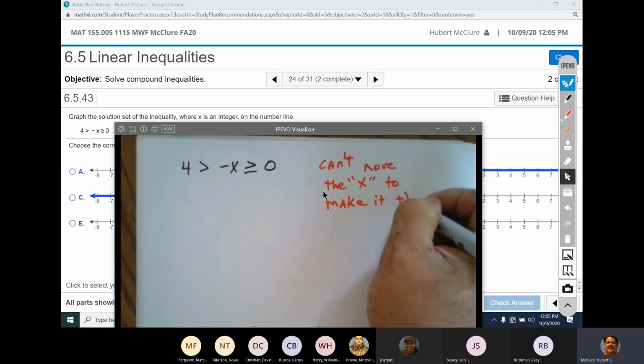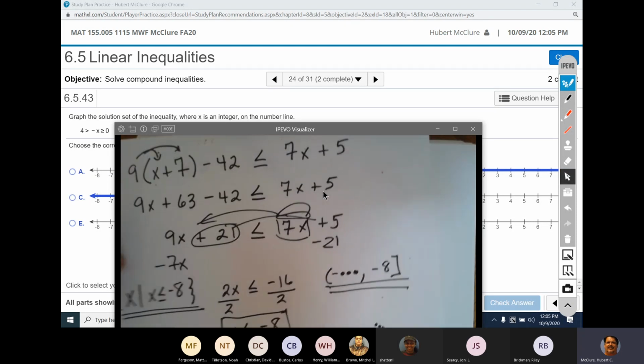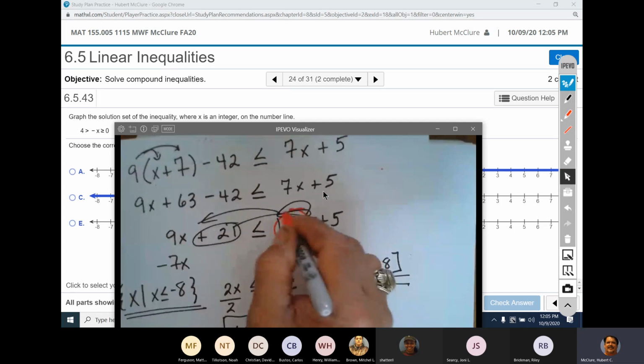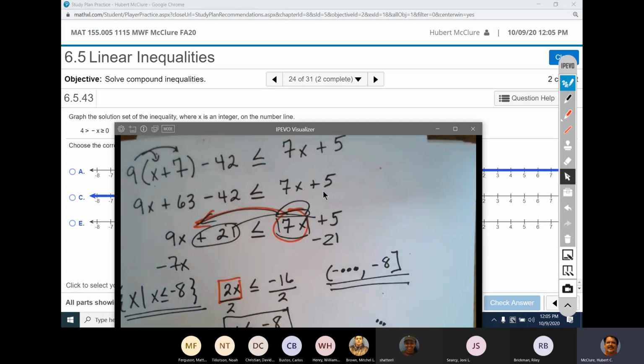I usually do that with the smallest bucket. But in this case, since X is by itself, I can't really move it to make it positive like I did in the last equation. I took the 5 right here. I took the 7 across to make my X positive.